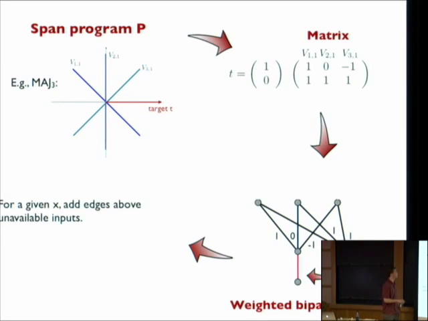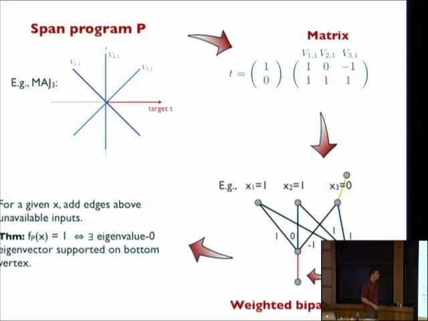And then for a given input x, I'm going to add edges above the vertices here that are not available. So for example, if the input is 1, 1, 0, I add an edge above this guy because it's false. You can't use this entry.